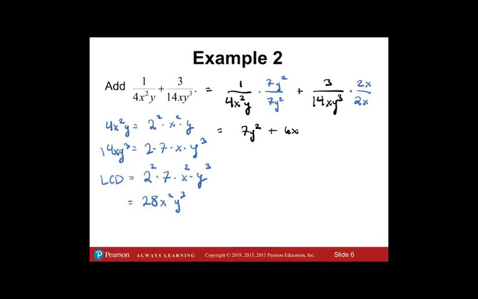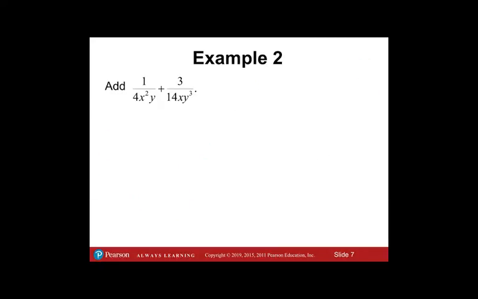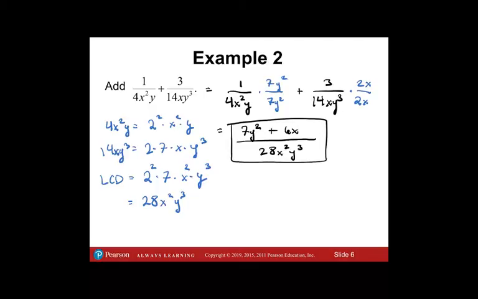On bottom, we're going to have our 28x squared y cubed. And that should be it there. So we got 7y squared plus 6x over 28x squared y cubed.